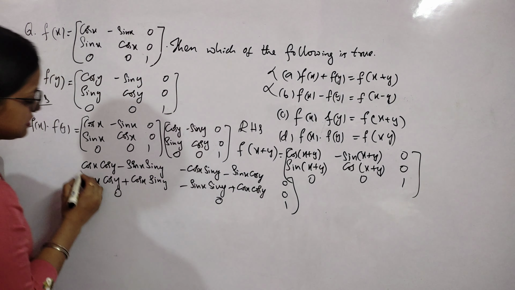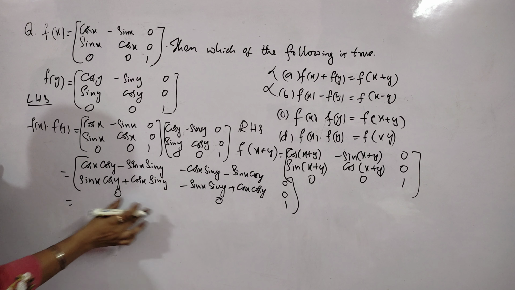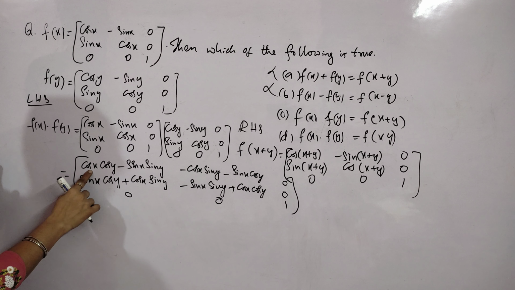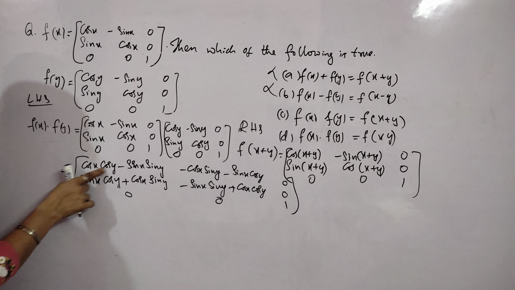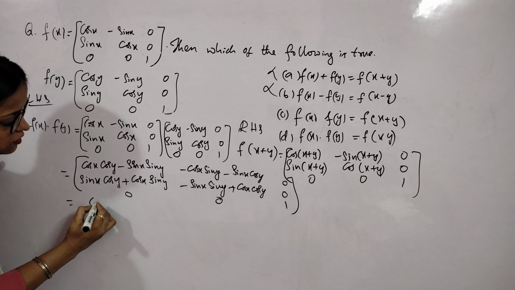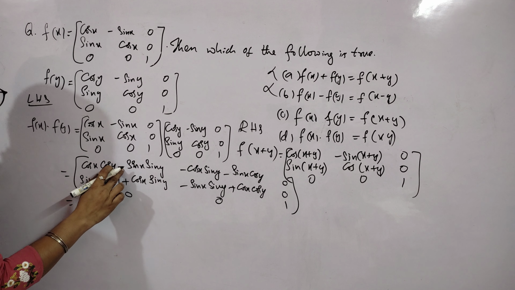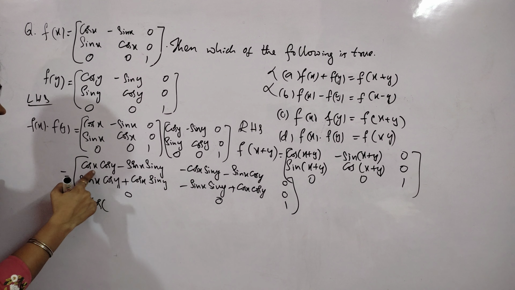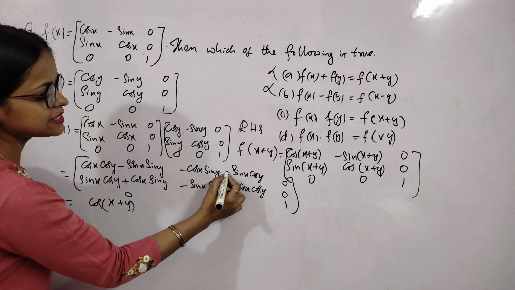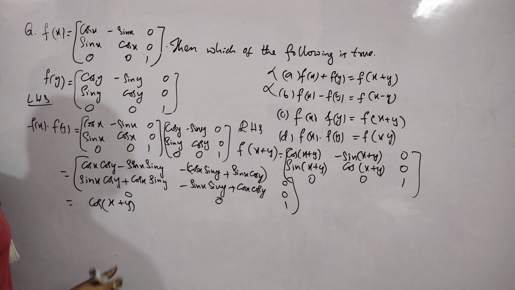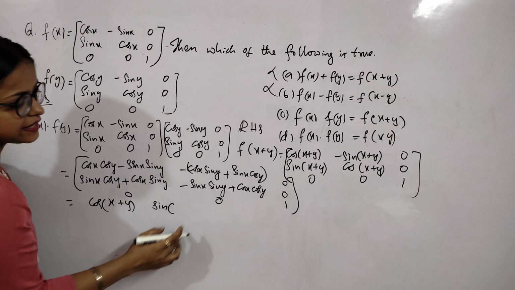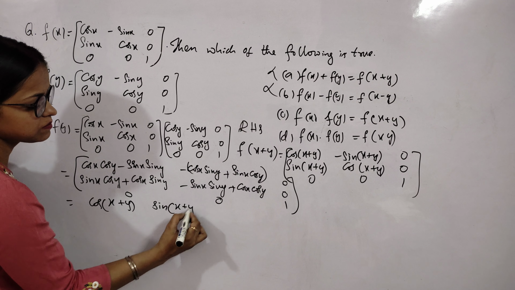So we are getting this, and we know the formulas in trigonometric functions. Here both are the same function, cos x cos y, so we can use the cos formula, and the symbol is minus. In cos we have to reverse it. Now the angle is x plus y. Similarly here, take minus as common, then it is sin x cos y, an alternate combination, so your answer will be in sin and the symbol will be the same, x plus y.